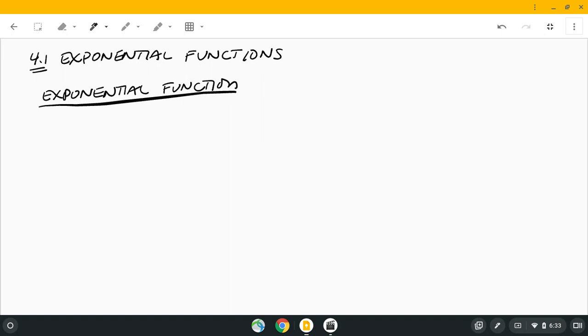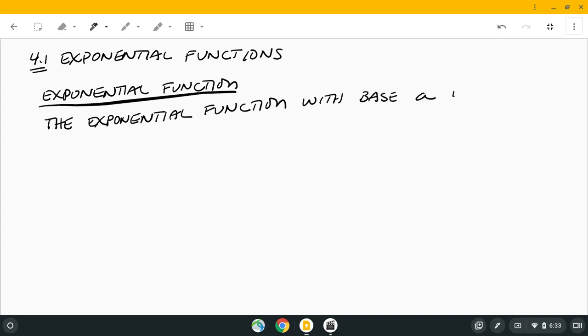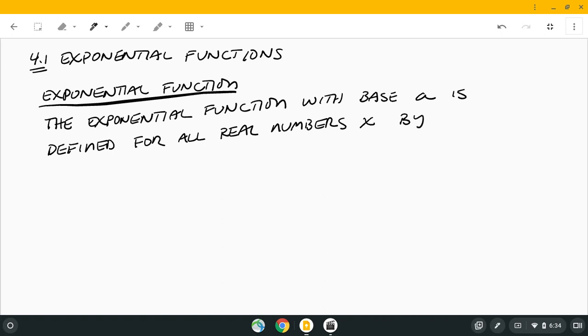The exponential function with base a is defined for all real numbers x by the following: f of x equals a to the x.